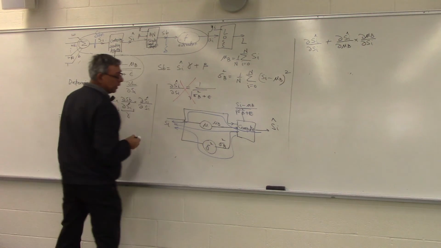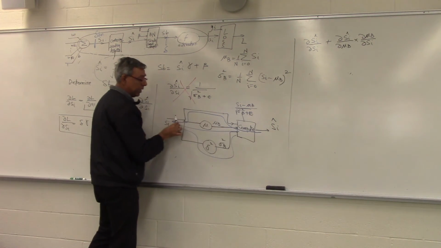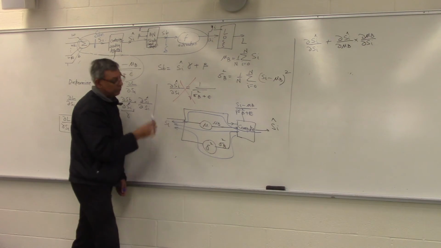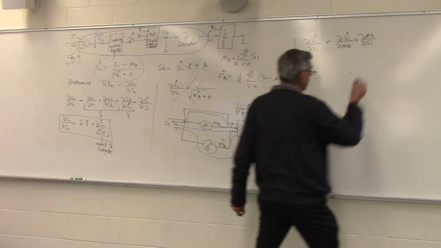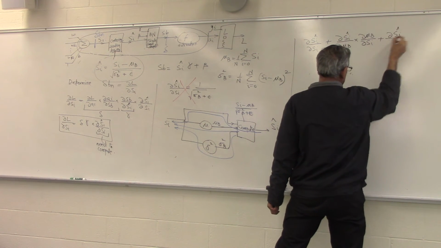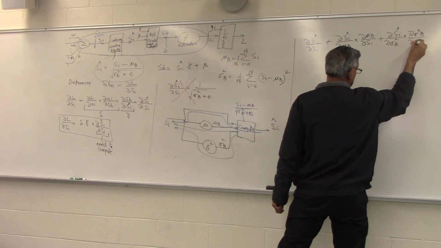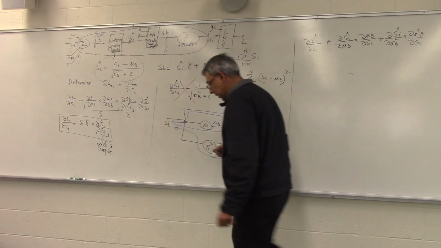See if you agree with me. Isn't that from here to here, and from here to here? And the last part: partial SI hat over partial sigma square B times partial sigma square B over partial SI.